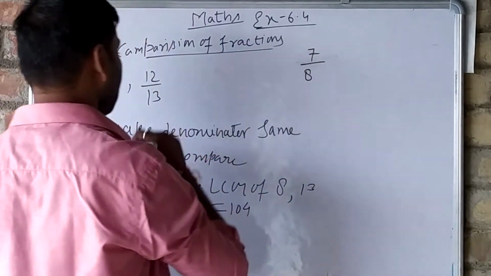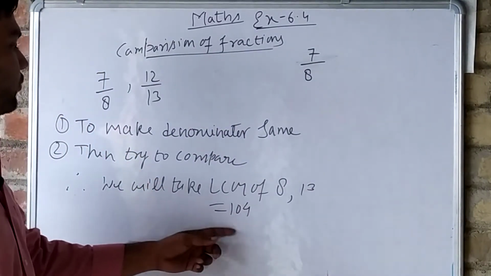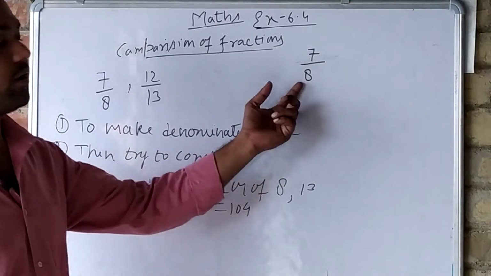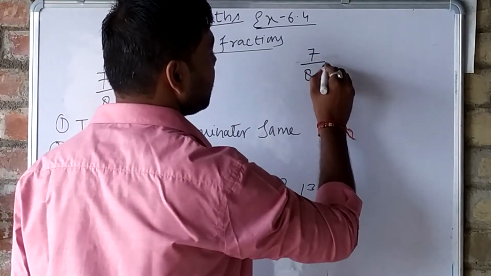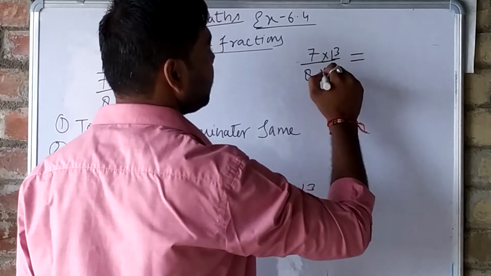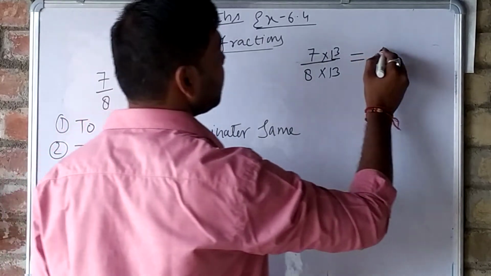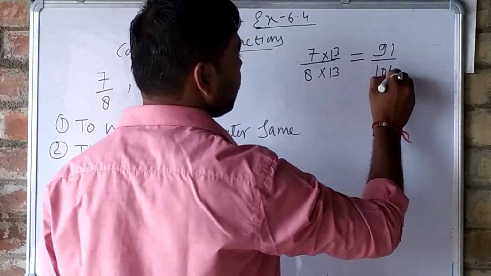How will we make 104? We have to make 104 the denominator. So we will multiply by 13 on both numerator and denominator. So the result will be 13 7s are 91 and 13 8s are 104.